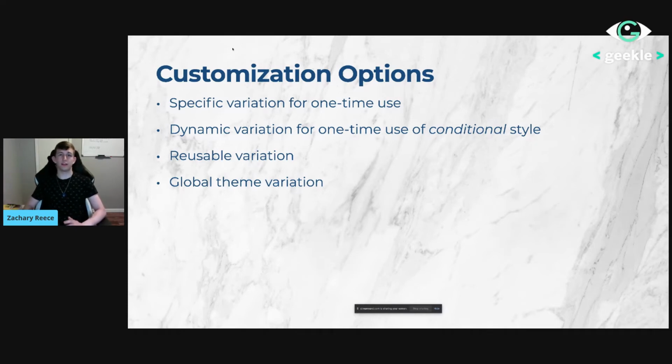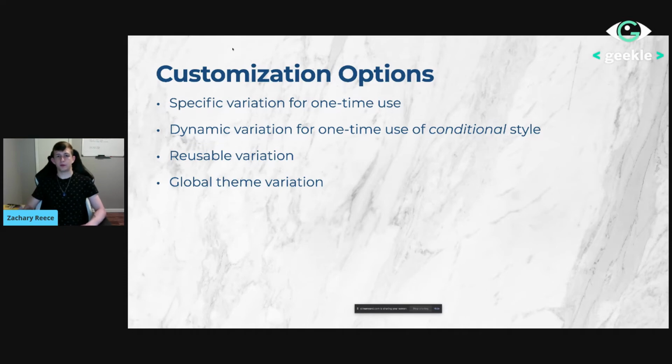There are also reusable specific variations. This is when you need to reuse the same styles in multiple locations. If I have a button that I want to be purple polka dots, and I want to reuse that button throughout the application, there's a reusable way for us to do that so we don't have to keep copying over those styles.